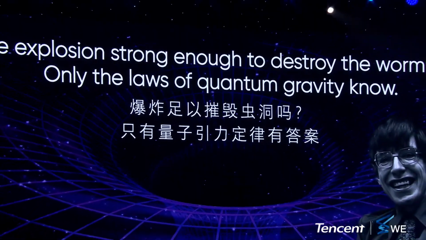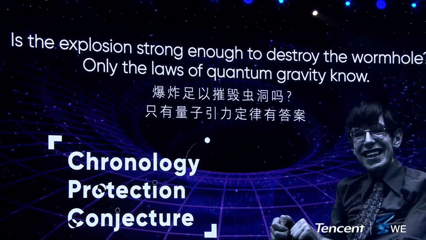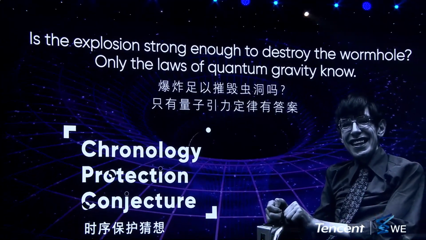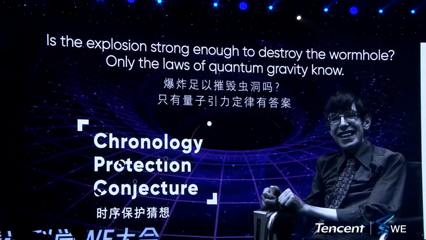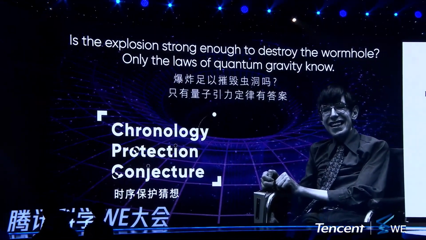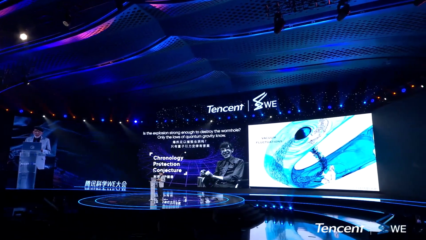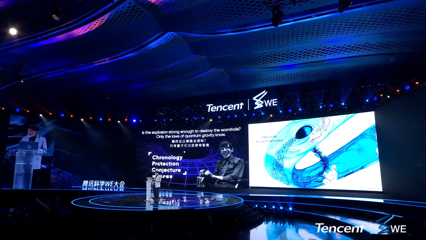But Hawking, who was never afraid to speculate, has formulated a chronology protection conjecture that every time machine that any advanced civilization tries to create will be destroyed by vacuum fluctuations at the very moment it is turned on, thereby keeping the universe safe for historians of all species.